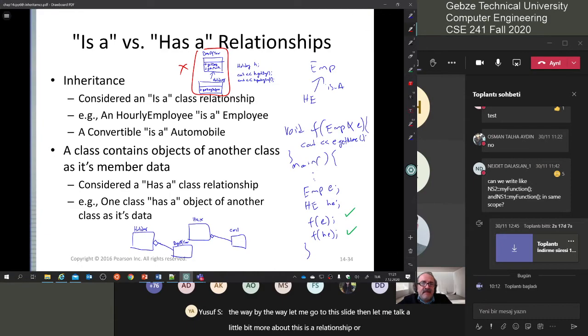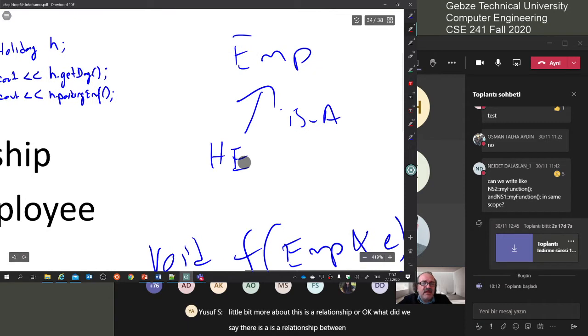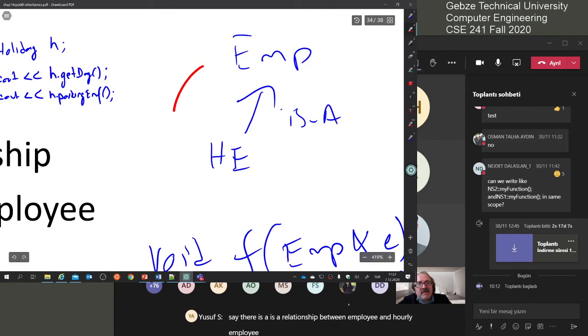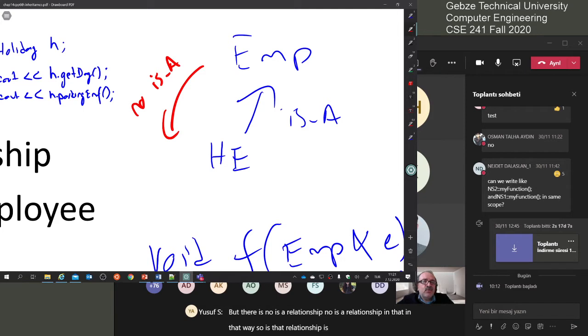What did we say? There is a relationship between employee and hourly employee, but there is no is-a relationship in that way. The is-a relationship is not a two-way relationship.